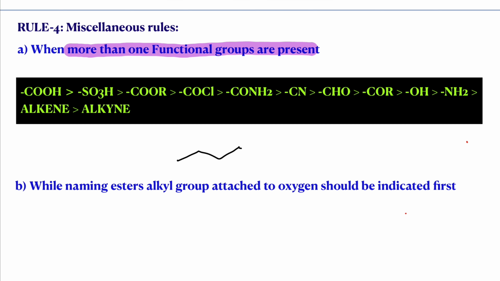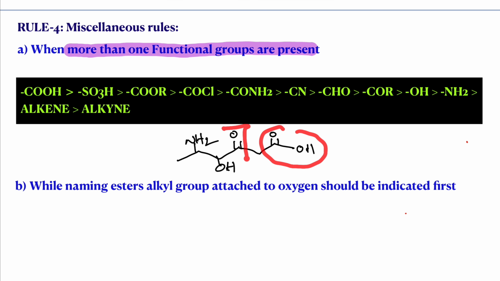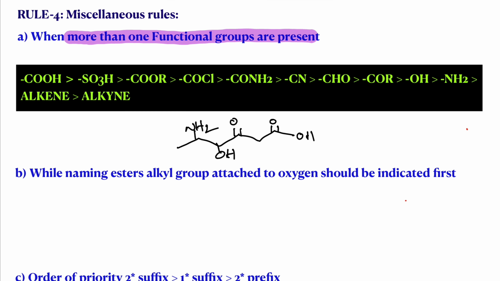For example, if you have something like a carboxylic acid, ketone, alcohol, amine, like this, this will be the first grade functional group and the remaining ketone, alcohol and amine are second grade functional groups. They will receive prefix treatment, substituent treatment. They will receive a prefix name. So this is about the IUPAC sequence rule. That order should be remembered.